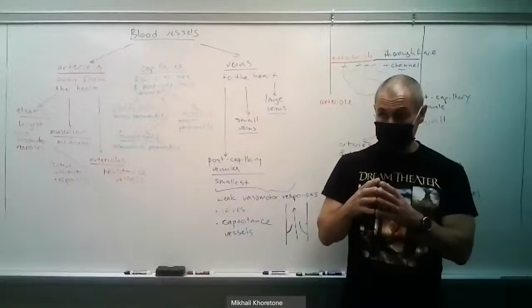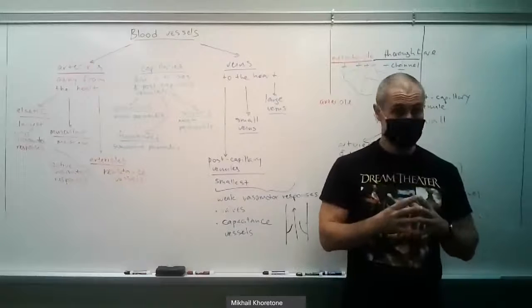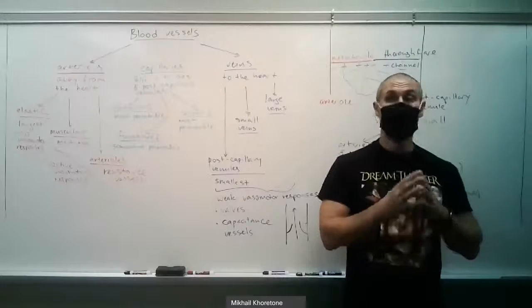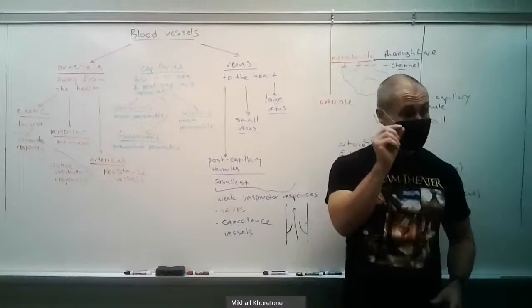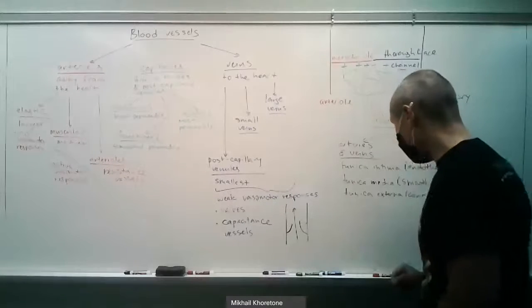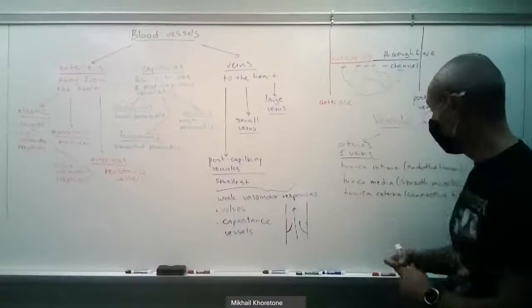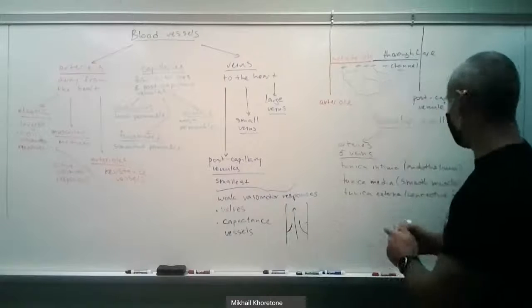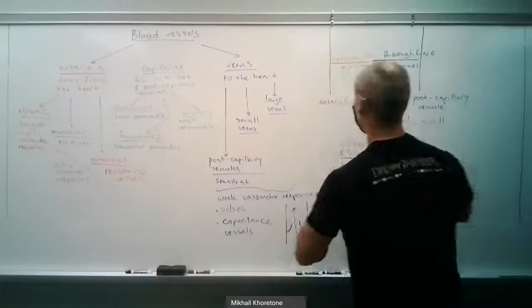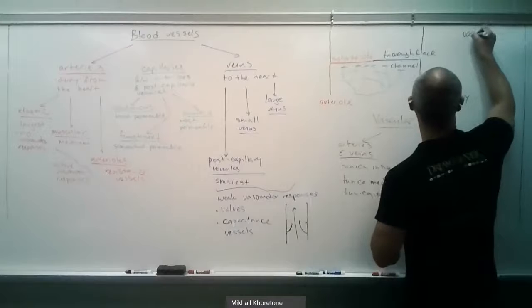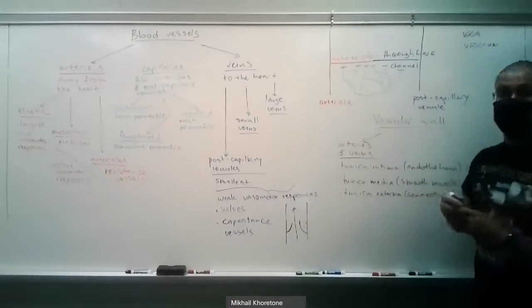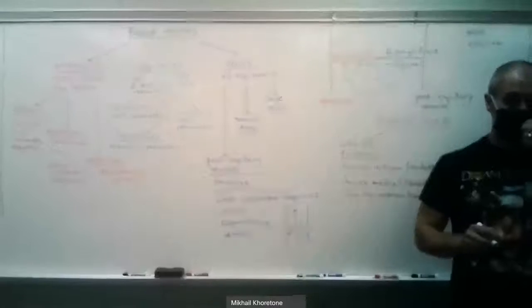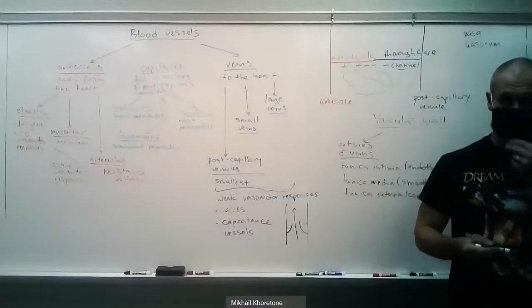So walls of big vessels have their own blood supply. Their own tiny little blood vessels that are collectively called, and I'm going to just put it somewhere just as a term, vasa vasorum. Blood vessels that supply oxygen to the walls of blood vessels.